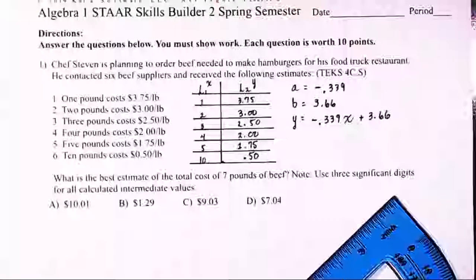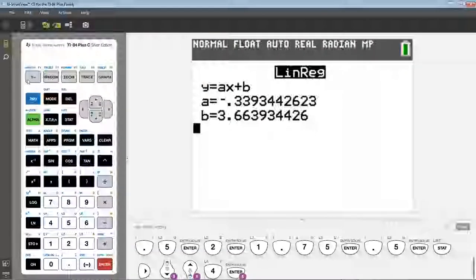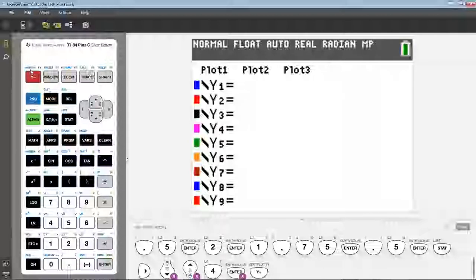So we'll flash back to our graphing calculator and go to Y equals. So in Y equals, what we'll type in is negative. Make sure you click this negative symbol and not the minus sign.